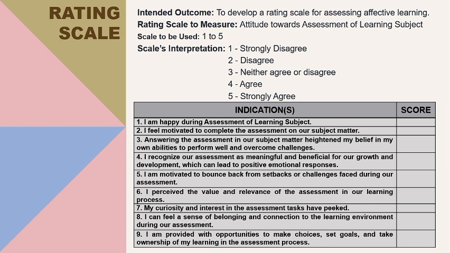If I'm the student, the respondent, and I really enjoyed it and really grasped the knowledge that I should learn from the assessment of learning subject, I would say I strongly agree to this indicator. I would write 5, and then vice versa for the following questions or phrases.